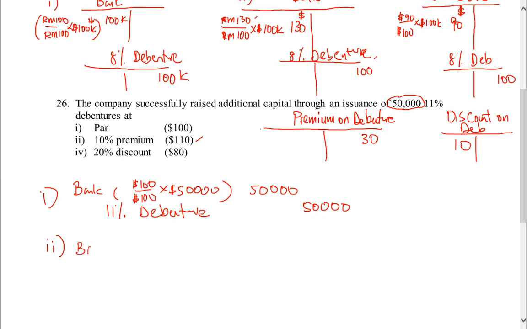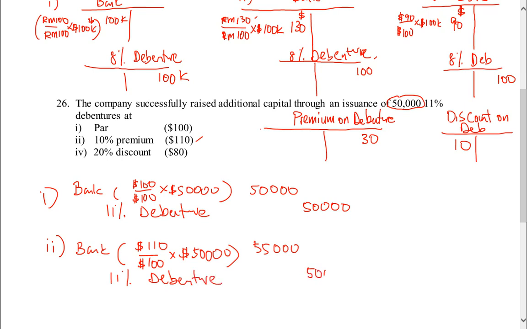Double entry: debit bank, show working, 110 out of 100 means the amount I receive will be higher, debit 55,000. Credit 11% debenture, always at par, and the balance will be premium on debenture. The premium is the 10%, which is 5,000.